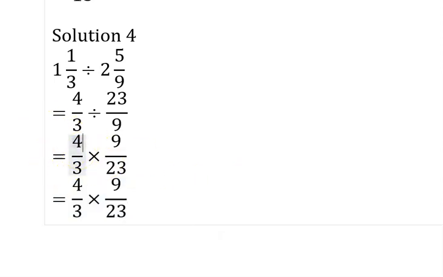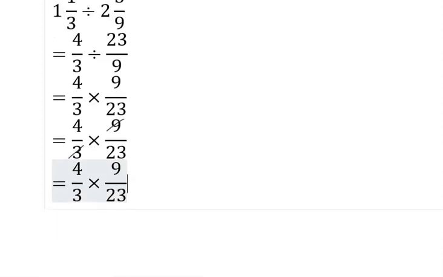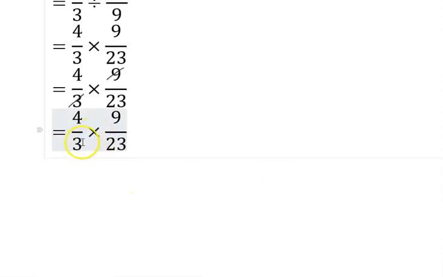Okay, 3 can work with 3 here. If you remove 3 here, 3 here will be 1. That means we are left with 1 here, and we are left with what? 3 here.